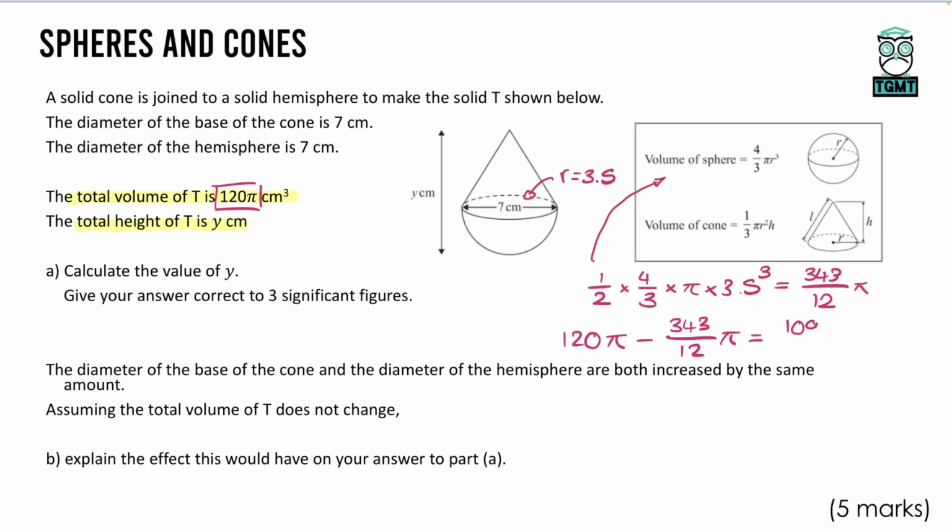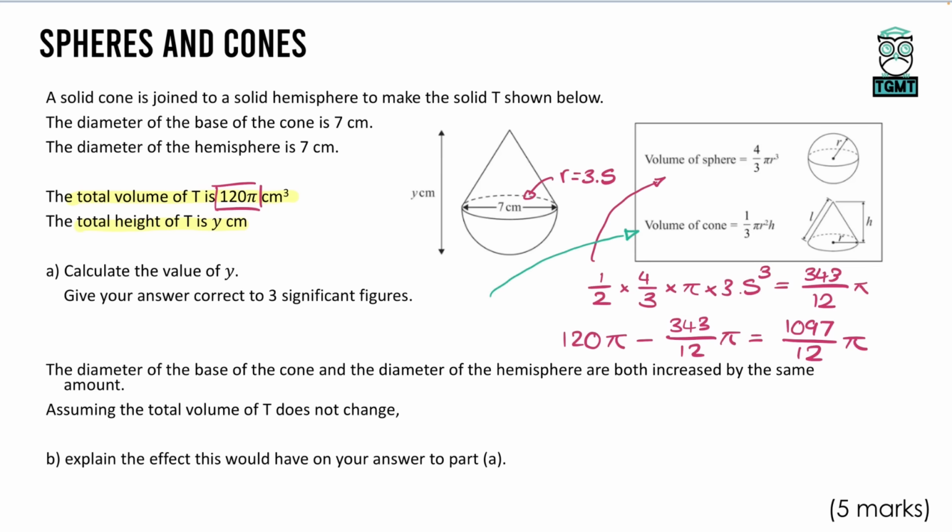Now that comes out as 1097 over 12 pi. Again, you can write down the decimal if you prefer. So we've worked out now what the volume of the cone is, as that's what's left. So we have the overall shape, subtract the hemisphere, and we're left with that volume of the cone.